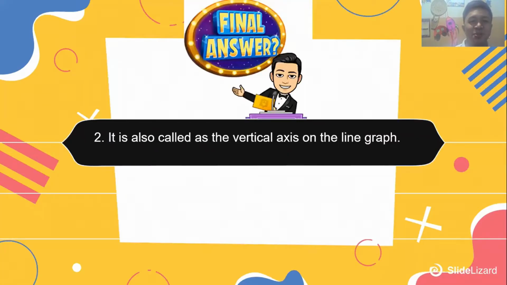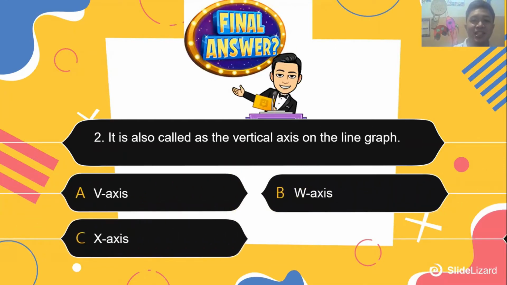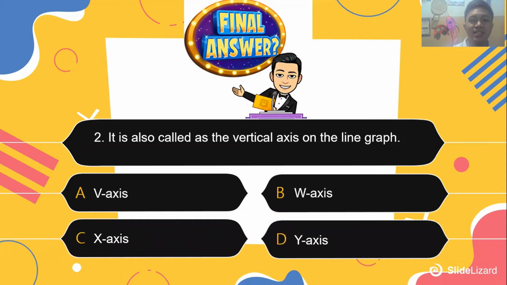Number 2. It is also called the vertical axis on the line graph. A, V axis; B, W axis; C, X axis; or letter D, Y axis. Write the letter of the correct answer.